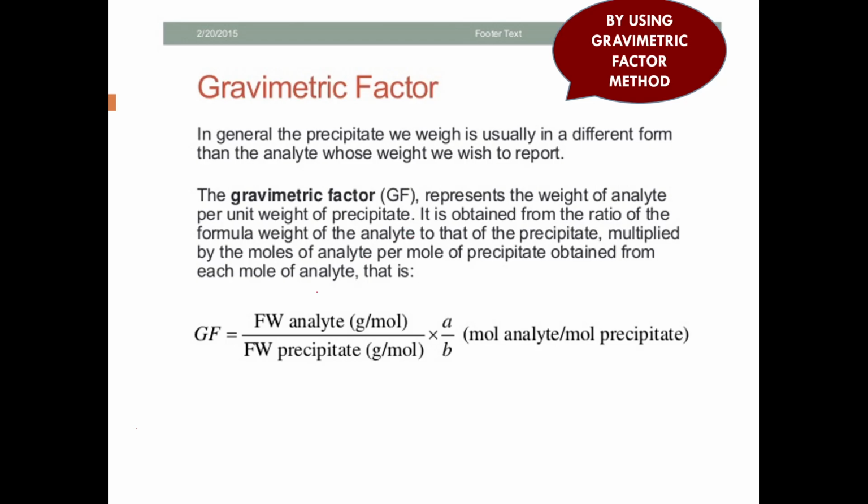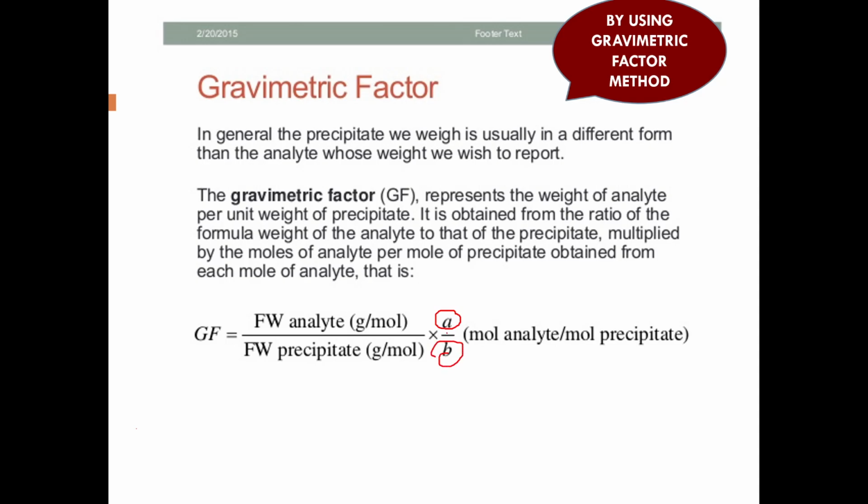Okay, so for the formula, gravimetric factor equals the formula weight of the analyte divided by the formula weight of the precipitate, which we can find by using the periodic table or the table for the formula weight, multiplied by A over B. So what is A and what is B?